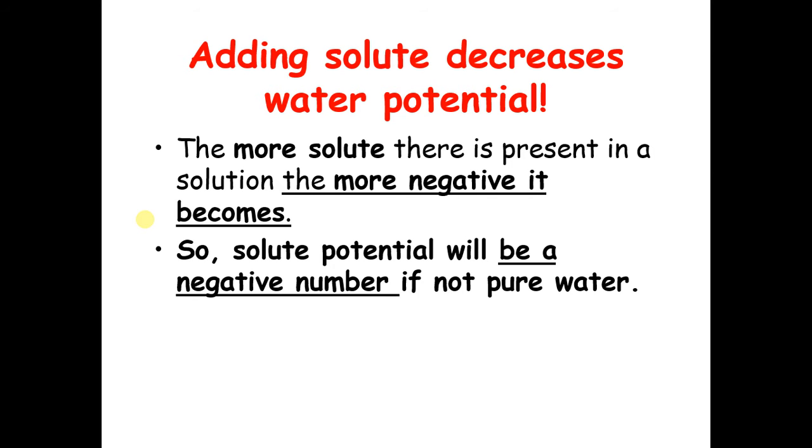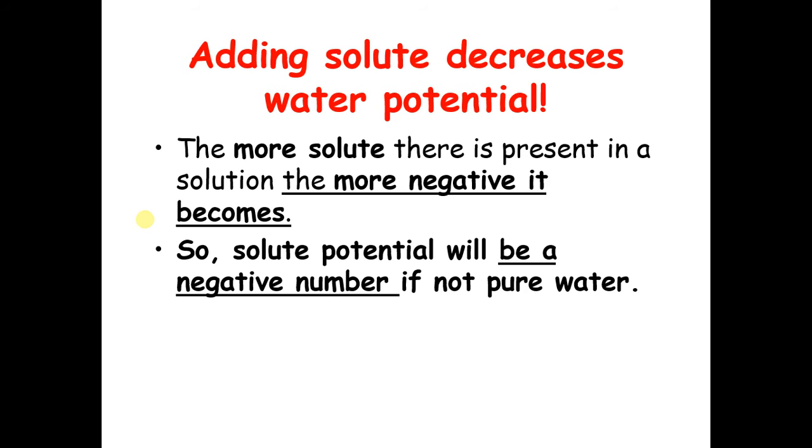Adding solutes decreases the water potential. The more solute or stuff you dissolve in the water, the more negative the water potential becomes. So solute potential will be a negative number if you're not dealing with pure water. So solute potential will always be negative.